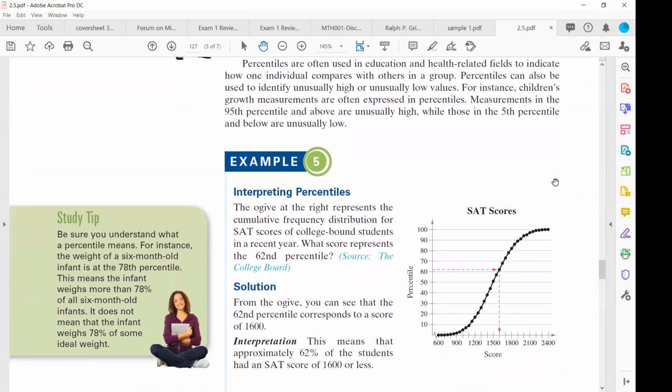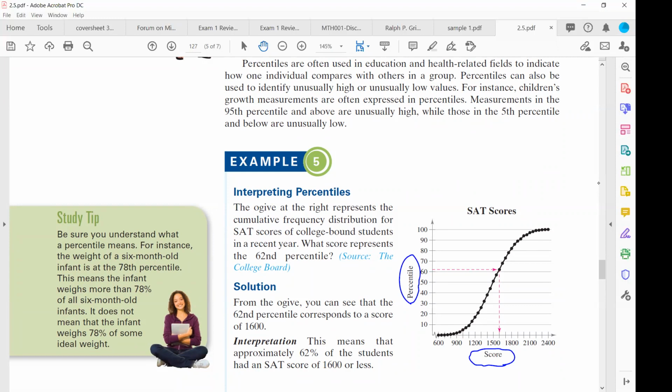Suppose you have the data collection, and here you have your scores, and here on the vertical axis, you have your percentiles. Perfect. From smallest to largest, scores are all located on the horizontal axis.